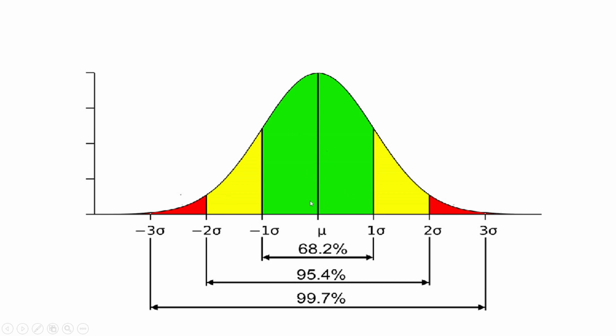And then between the mean and two standard deviations, which is the green area and the yellow areas, that's 95% of patients. Okay? And then between the mean and three standard deviations, that's almost all of the patients at 99.7%.